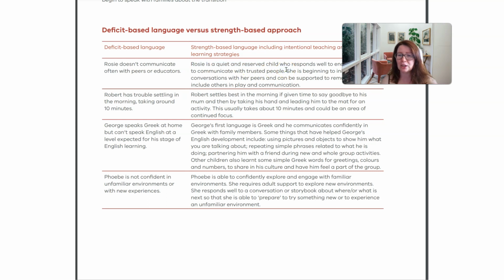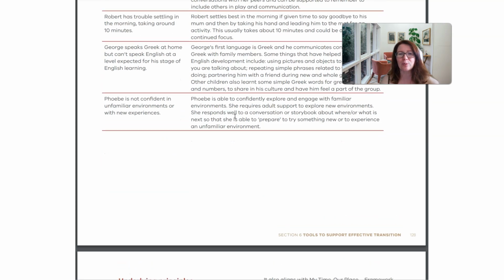She is beginning to initiate conversations with her peers and can be further supported to remember to include others in play and communication. It doesn't say that the child is a loner. It doesn't say that the child doesn't have friends. It focuses on what the child can do, the child's strengths, interests, personality, and also what's next for them, the zone of proximal development. Remember?